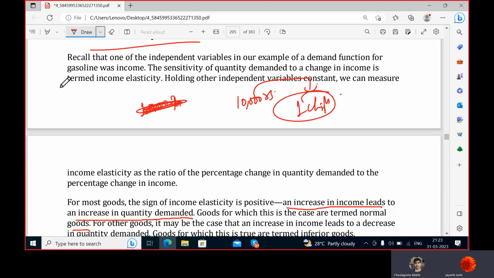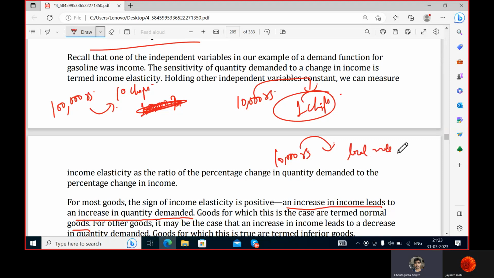But when his income goes to 100,000 rupees, he can buy 10 chips packets. Correct or wrong? The demand has increased, no? Automatically. And what would happen is, for 10,000 rupees, let's say the same example, he may buy a locally made chips, but he may buy Lays. So that is also a thing, no?